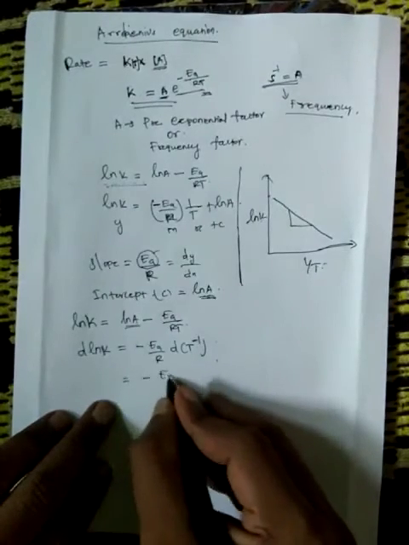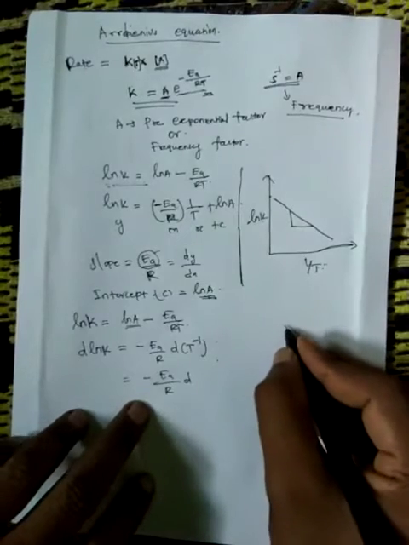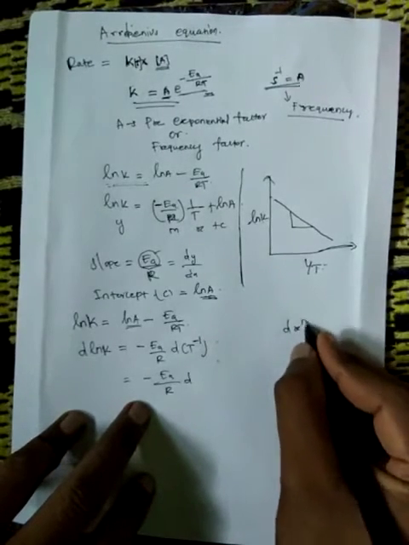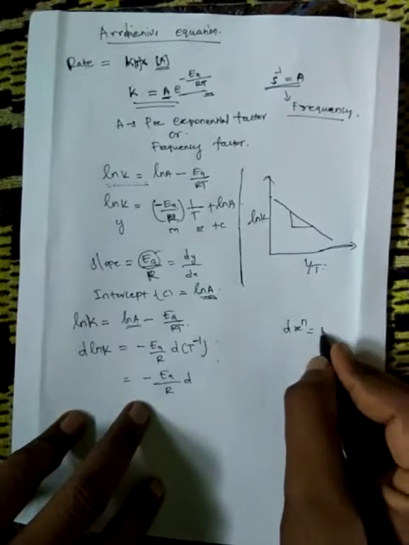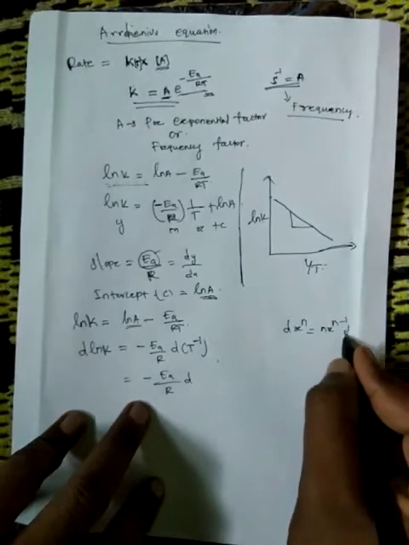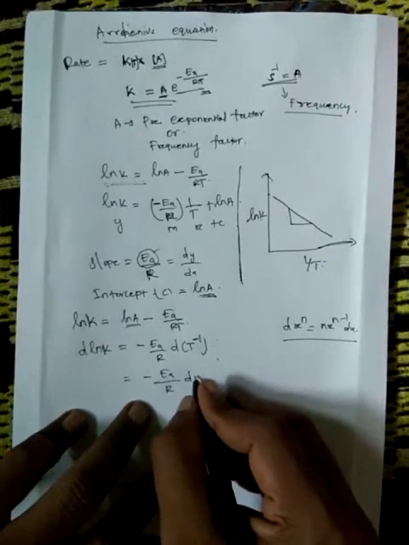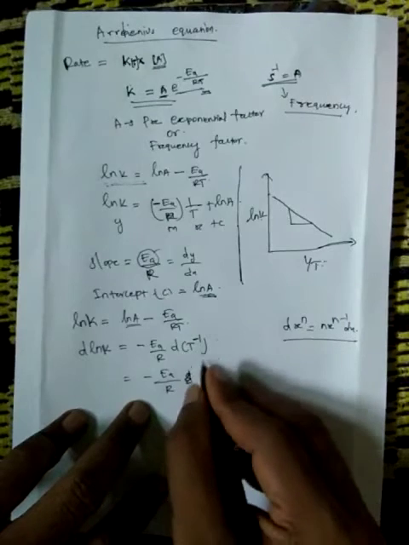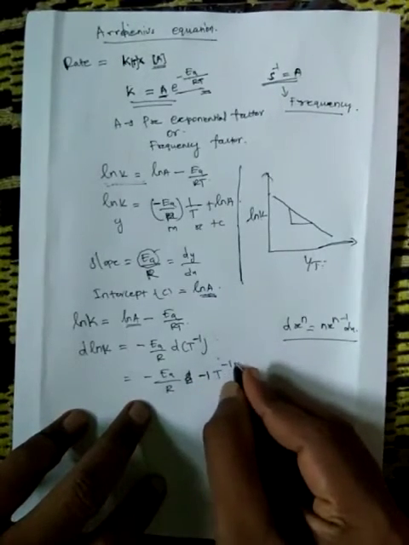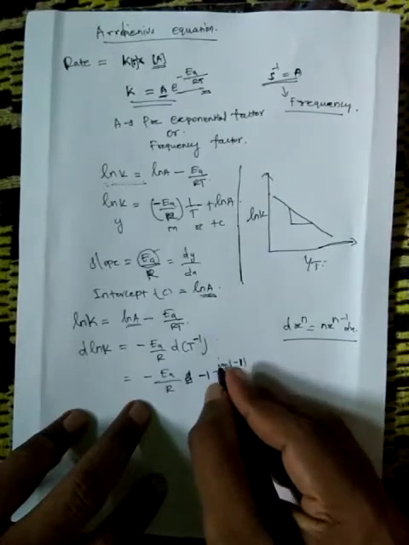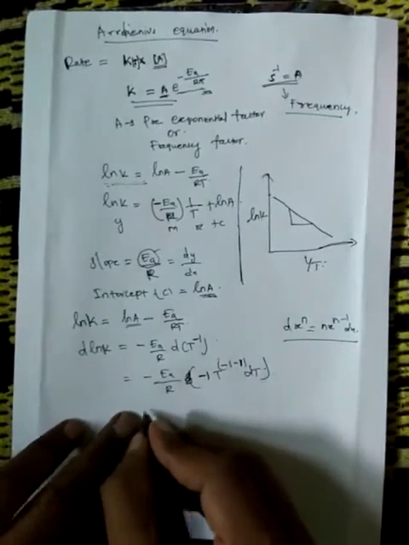In differentiation, x power n gives n x power n minus 1 dx. So this is minus 1 T power minus 2 dT.